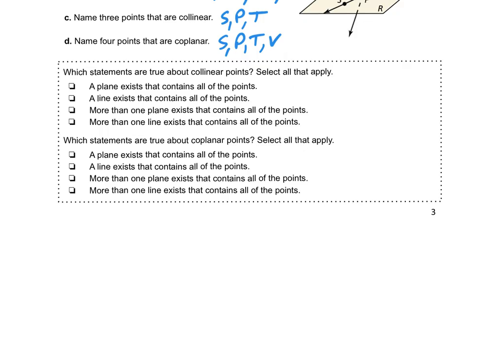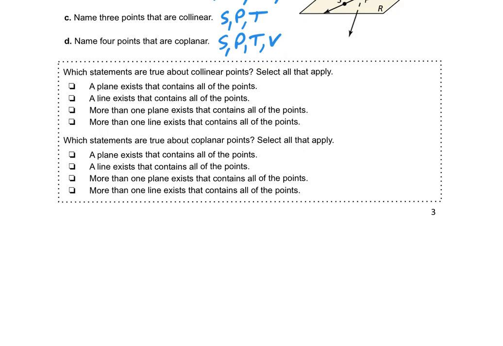Anybody want to try a different line through those 2 points? What do you guys think? Can we do it? Is there any other line that will go through those 2 points?